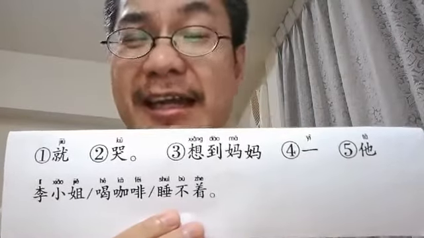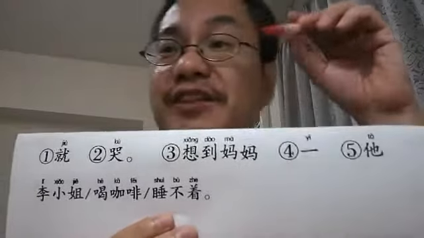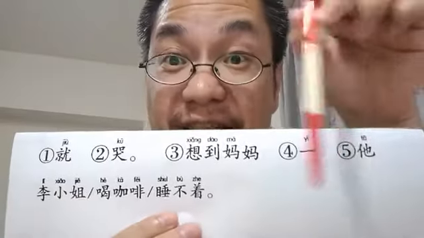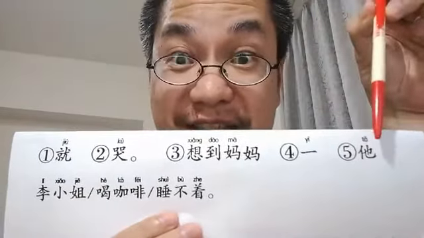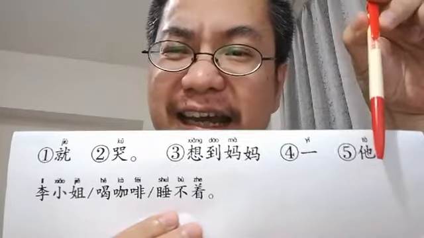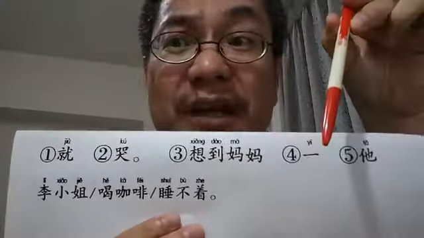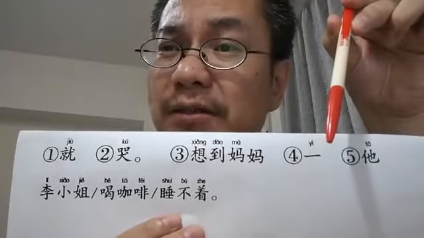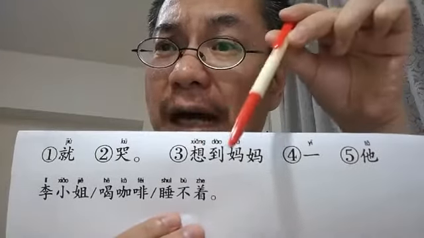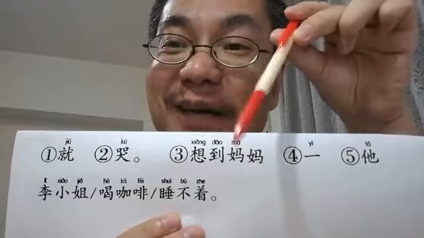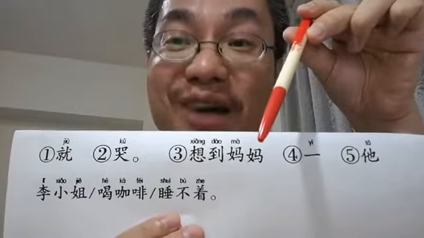I'll tell you the answers. First of all, we find the subject. 他 is the subject. And then plus 一. And then we add verb 1, which should be 想到妈妈, to think of his mother.